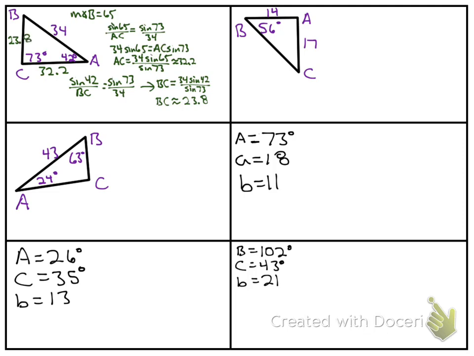On to our next one. Let's write out our proportions. So we're going to go sine of 56 is to 17 as sine of C is to 14. Now from here I could, instead of doing cross product, multiply both sides by 14 and get sine of C is 14 sine 56 over 17.